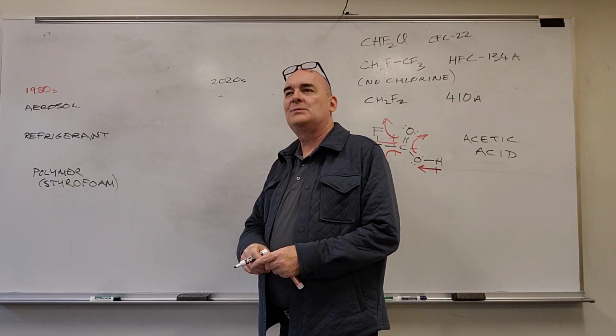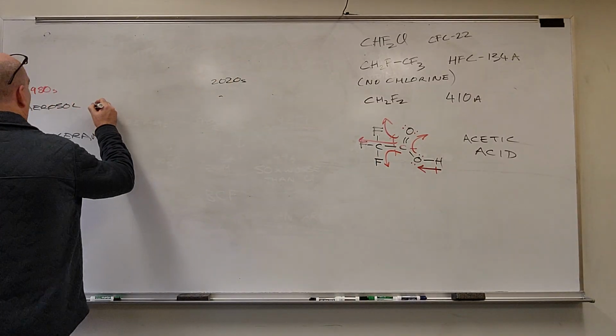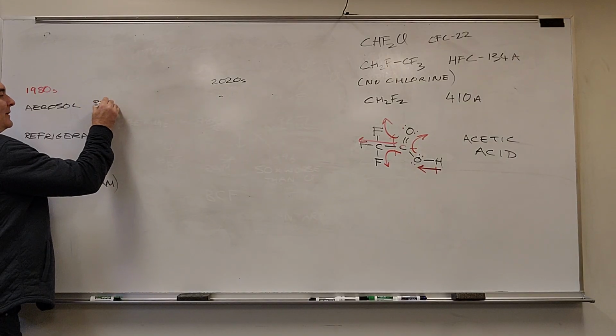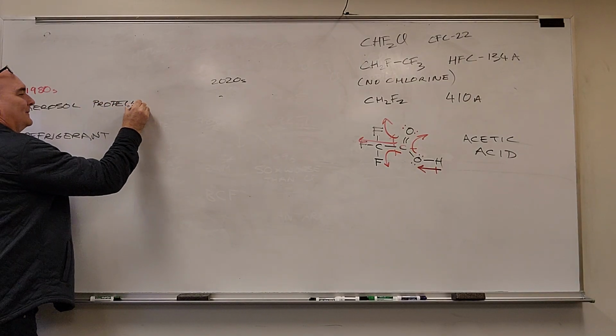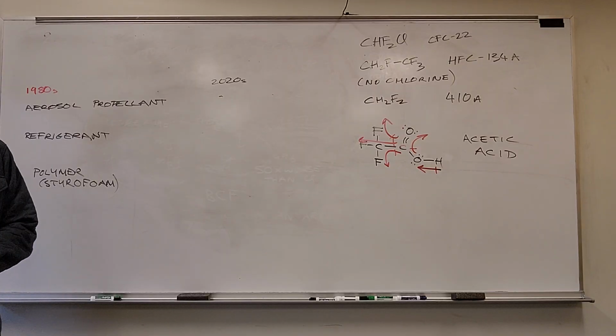Yeah, go ahead and look that up. What is the propellant in an aerosol? It's not the contents of the aerosol that are bad, it's the propellant. Okay, so they said primarily hydrocarbons like butane, isobutane, and propane.